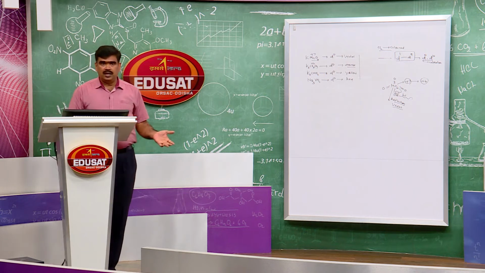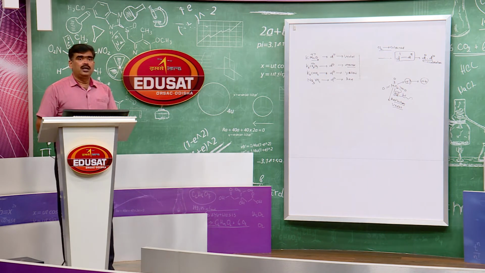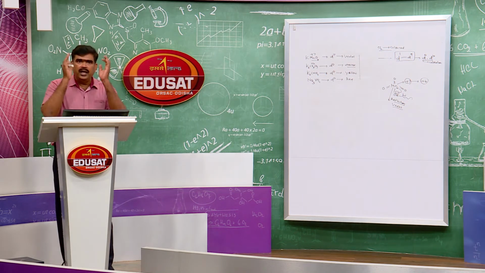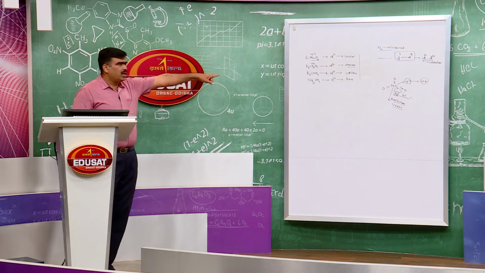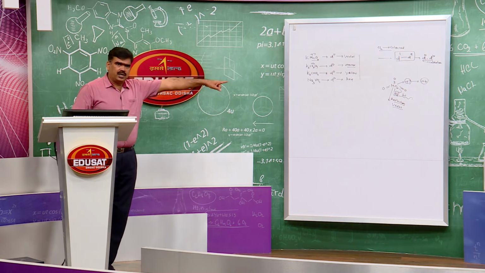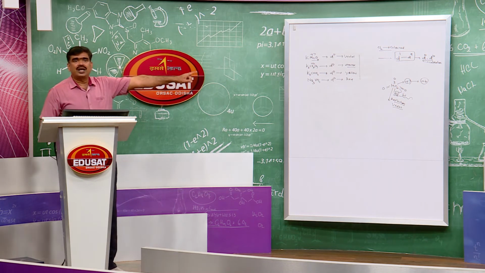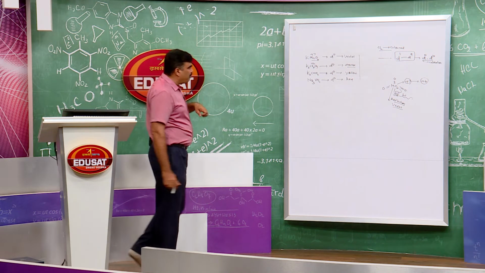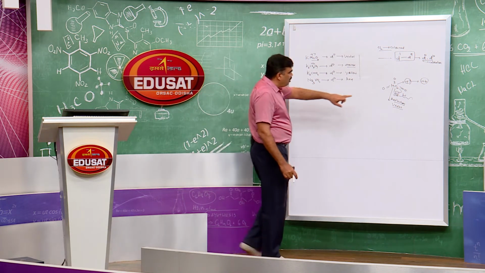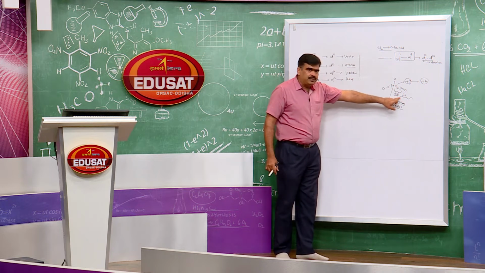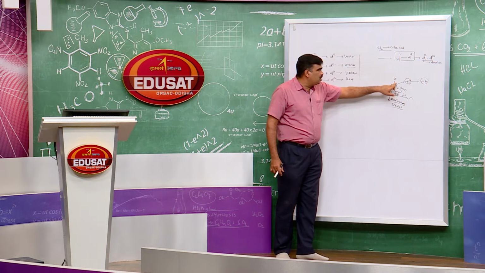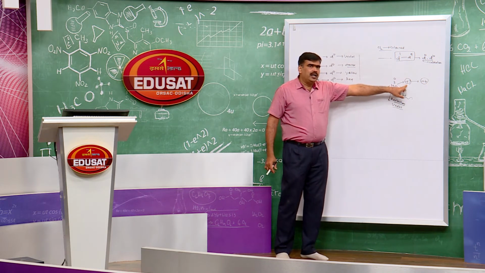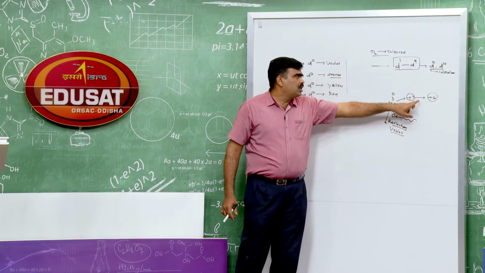Second reason: even with d0 configuration, where there are no electrons in the d subshell, they still look colored, like potassium permanganate and potassium dichromate. It is called the charge transfer phenomenon. Here, in potassium permanganate, the electron present on oxygen (O minus) absorbs radiation and enters the vacant d orbital of manganese, reducing its oxidation state from +7 to +6.